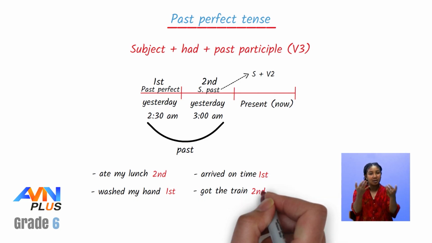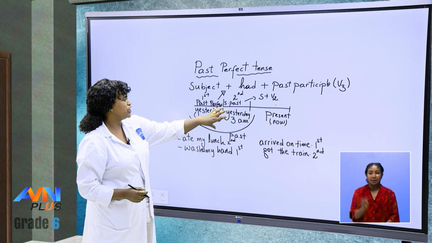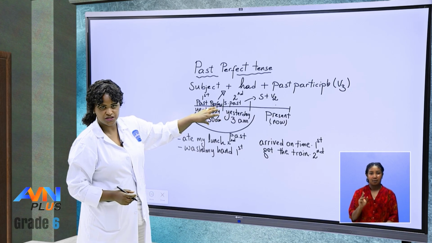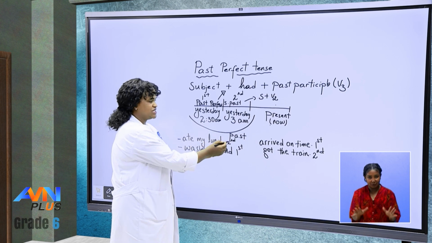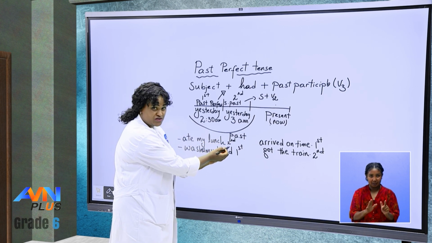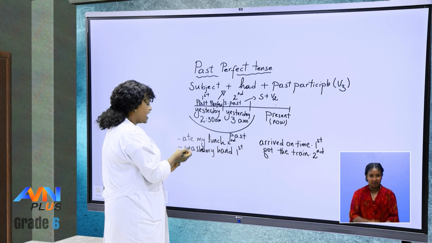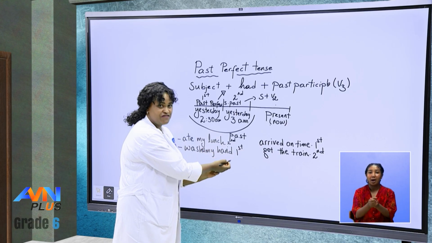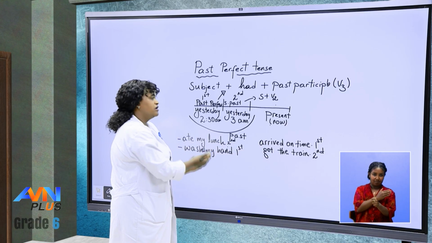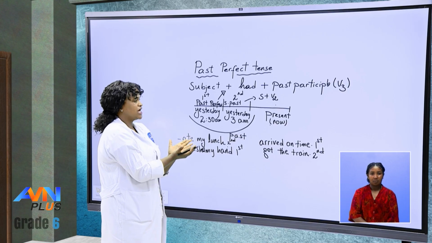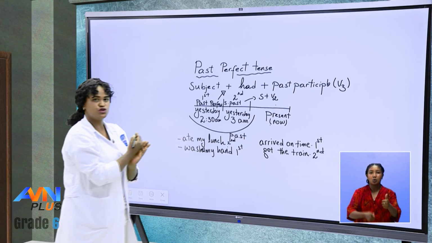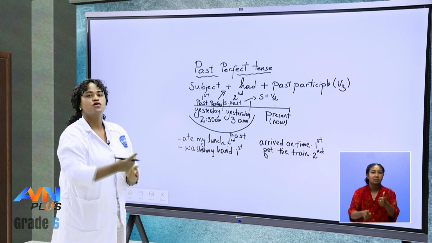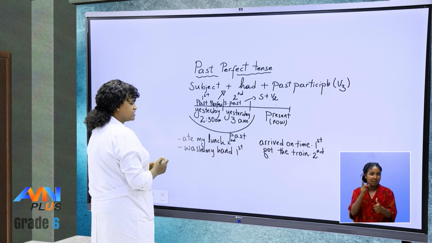Now, let us take this pair into these two past activities. Ate my lunch, we said it is the second one, which means very recent. And washed my hand is the first one. Okay? If we have to put it on the timeline, let us use these two. For which one do we use past perfect? For the first one. So how do I write it?